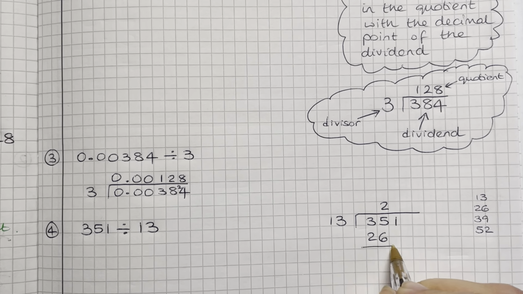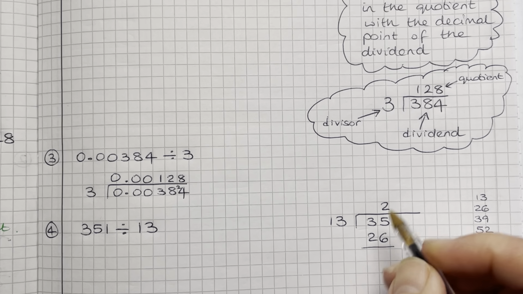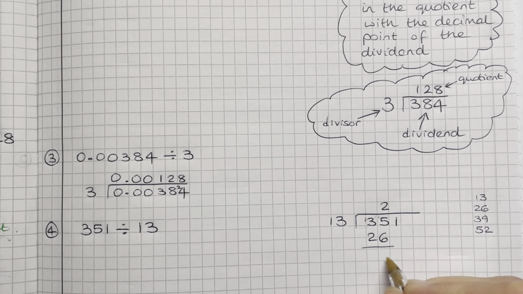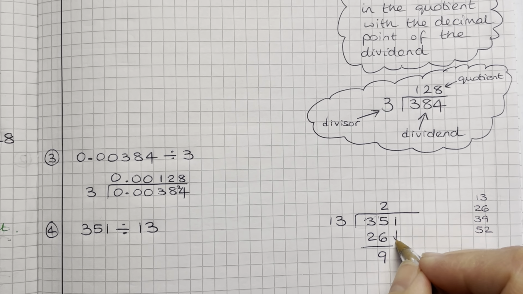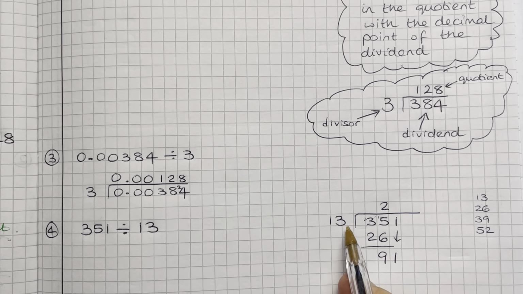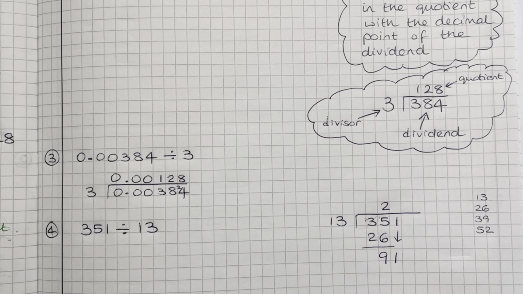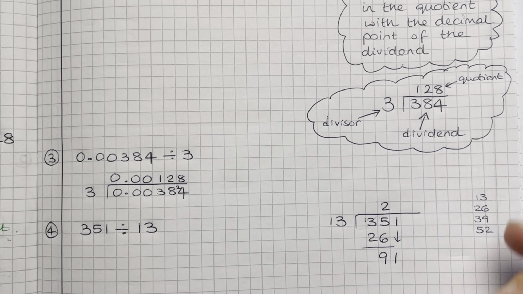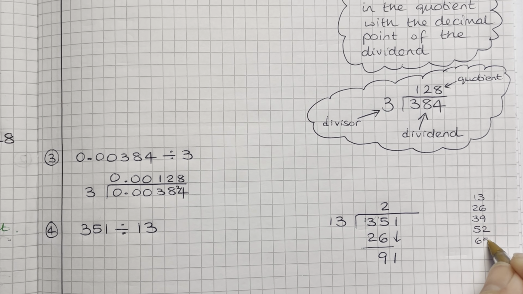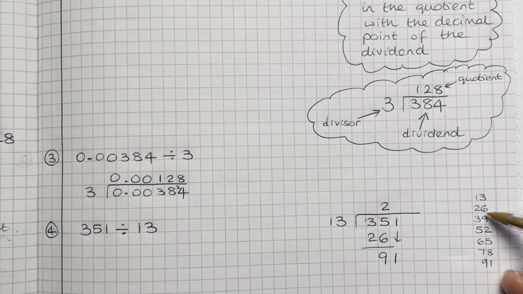And then I can work out the difference, so the difference between 35 and 26 is 9. I'm now going to drop down my 1. 13 goes into 91. Well, I need to keep going with my 13 times table. I've got 65, then 78, then 91.